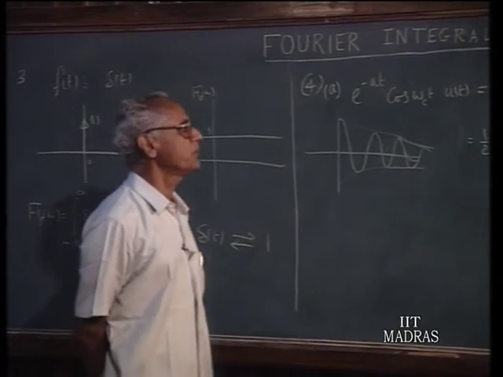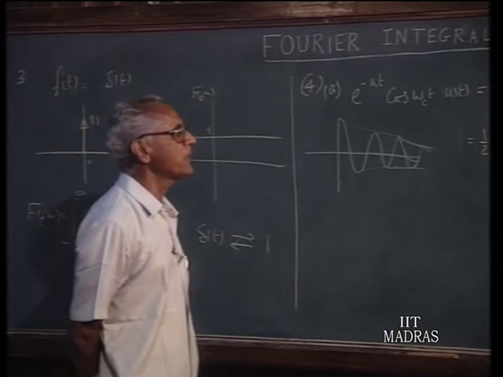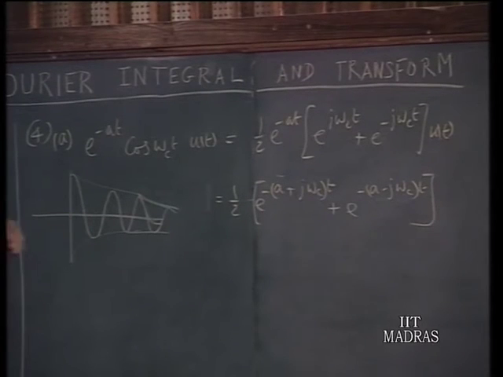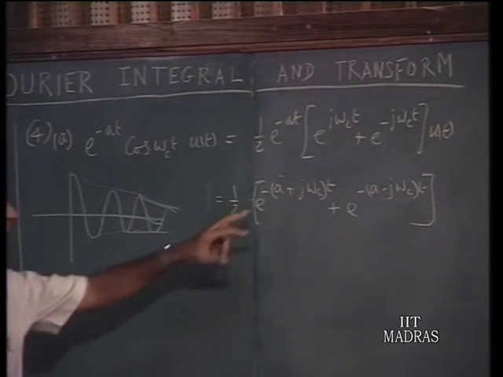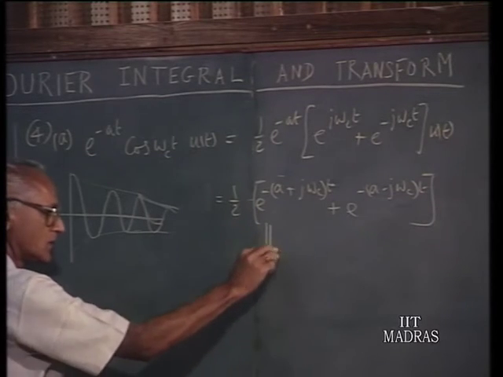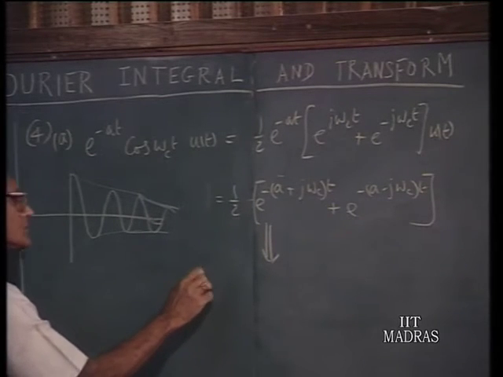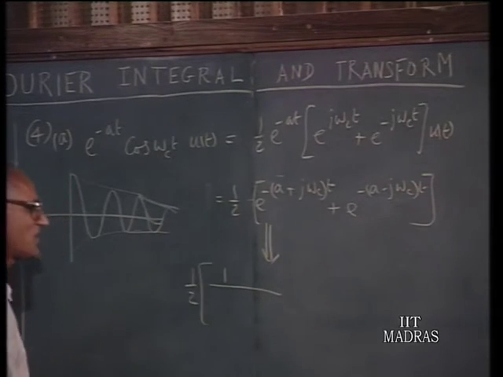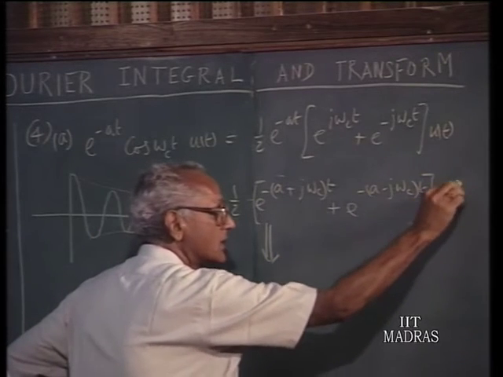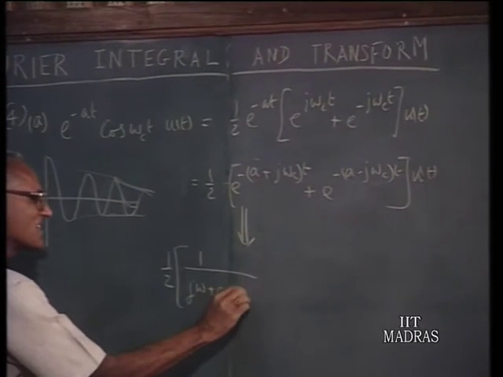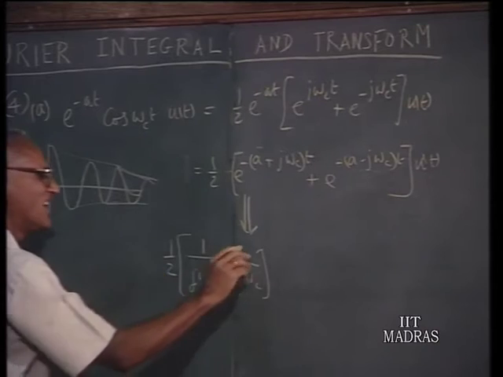And in the very first example, we observed that e to the power of minus a plus j b t can also have the same type of Fourier transform as when you had e to the power of minus a t, 1 over j omega plus a. Instead of 1 over j omega plus a, you have 1 over j omega plus a plus j omega c in this case. So, the Fourier transform for this will be half of 1 over j omega plus a plus j omega c for the first function.